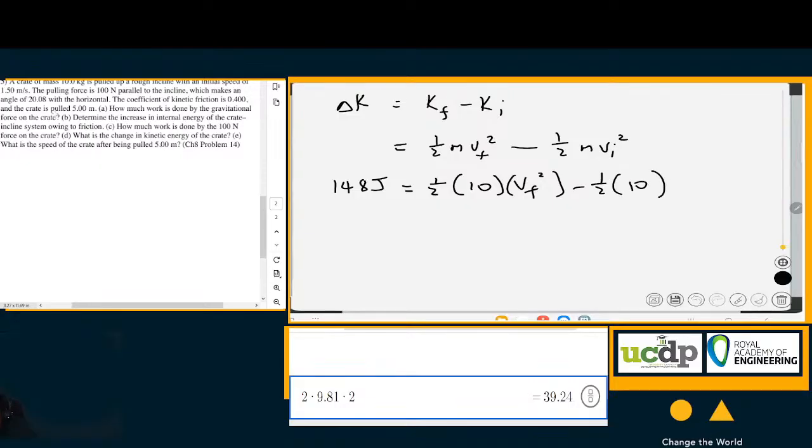What's the initial velocity? 1.5 meters per second, and that is squared. And if you solve for Vf, you will find that Vf is equal to 5.65 meters per second.